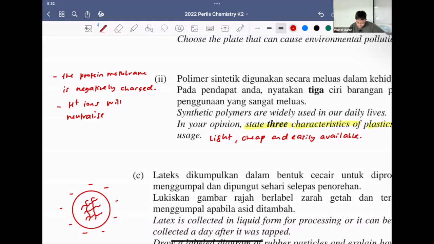Okay, it will neutralize the negative charges of the membrane. Okay.